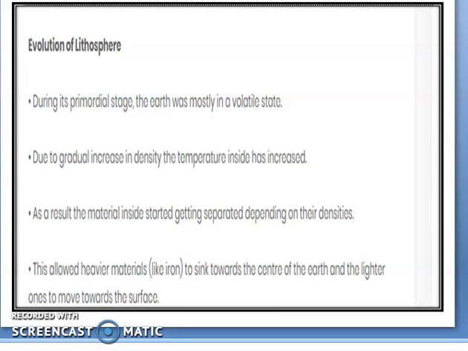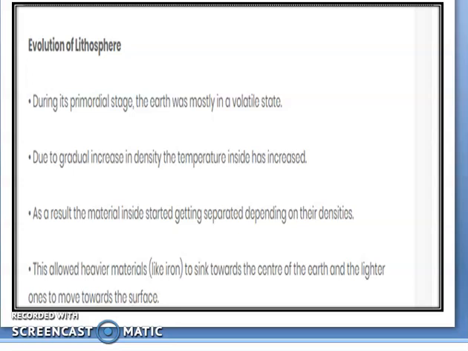So what we have seen in the first, primordial stage is that the Earth was mostly in a volatile state. It was liquid and could be evaporated, and the temperature was also very high at that time. Now due to the increase of the density, the material by which this Earth formed started getting separated.